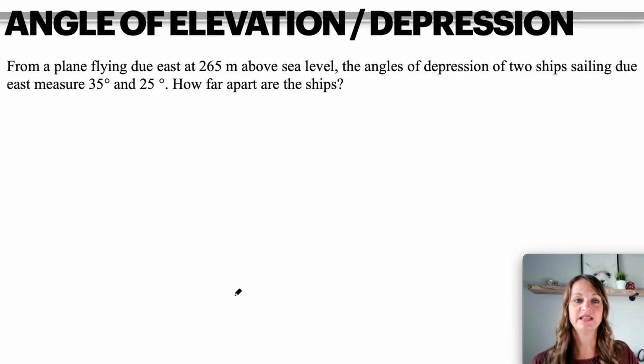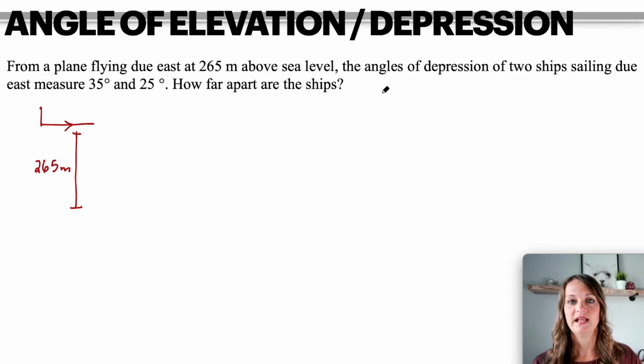A plane flying due east at 265 meters. So let's actually put that. We have an airplane that is flying east. So that means he's flying that way. And he is 265 meters above sea level. So we know that the height is 265 meters.